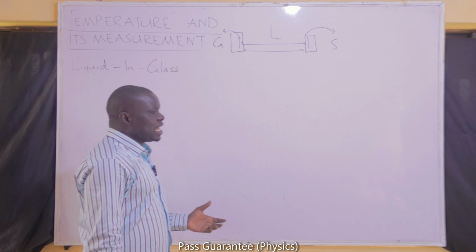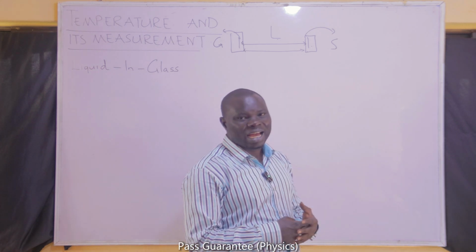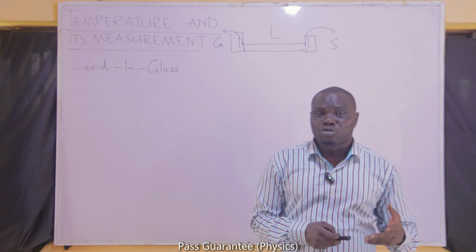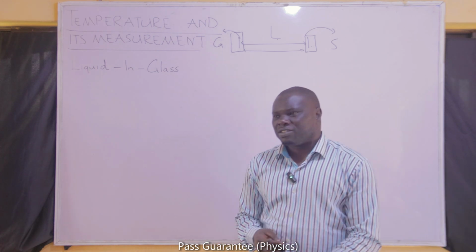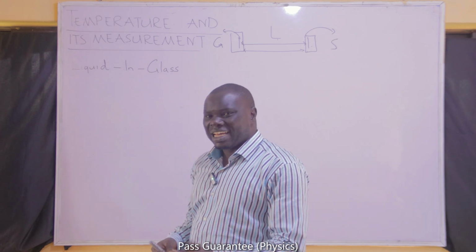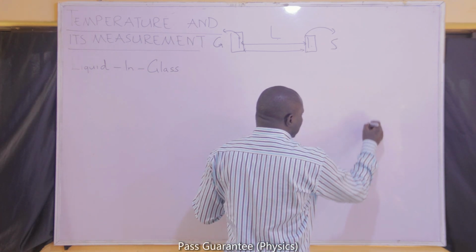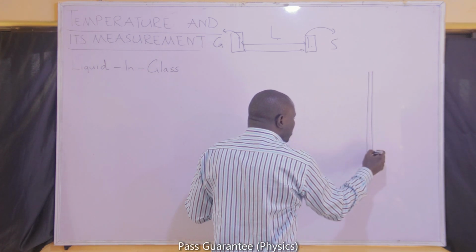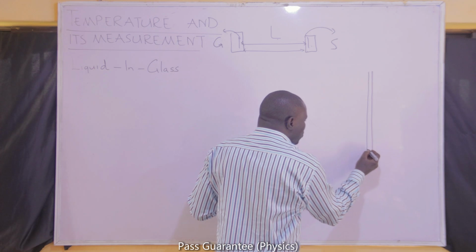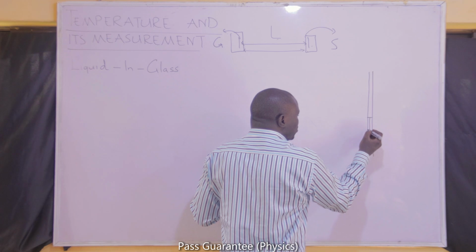But alcohol, on the other hand, is preferred in situations where we want to design a thermometer that has very good sensitivity. Sensitivity is the ability of the thermometer to detect slight change in temperature, so that once you change the temperature by the slightest amount, the movement of the thread within it will be visible.